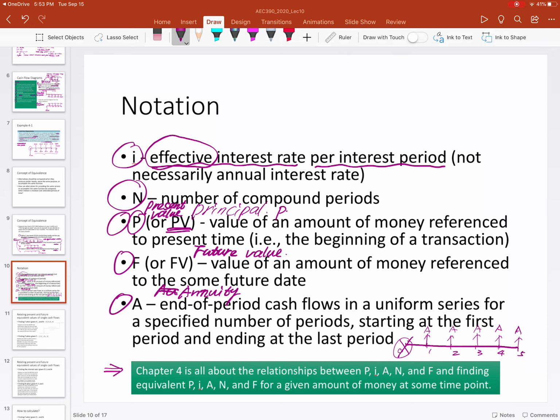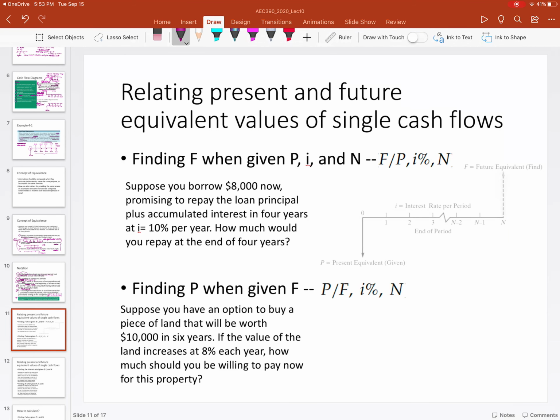How do you convert the cash flow to a future value, or to the present value, or to annuity, right? So this is all about chapter 4. You want to know how to play with these letters I, N, P, F, A.